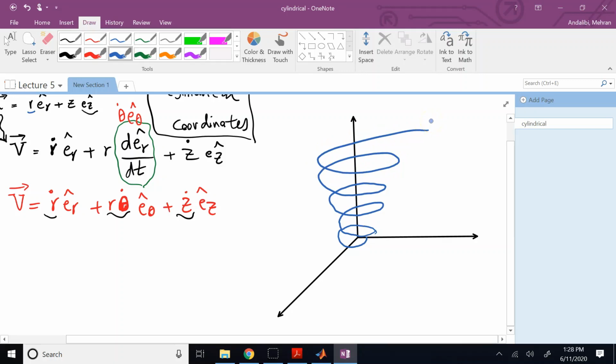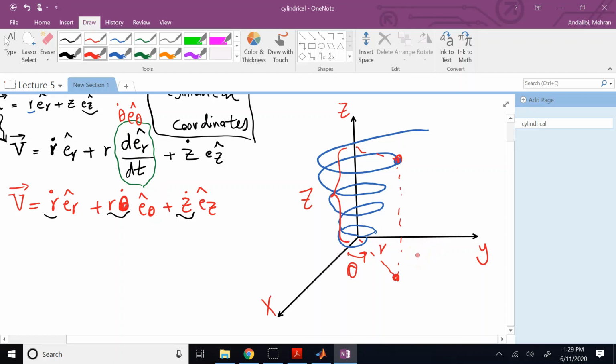Again, I'm not the best at drawing, but just accept it for now from me. So this is the particle here, and this is the XYZ. When you project it down here and project it here, this distance is your Z. This radial distance is R, and this angle is theta.